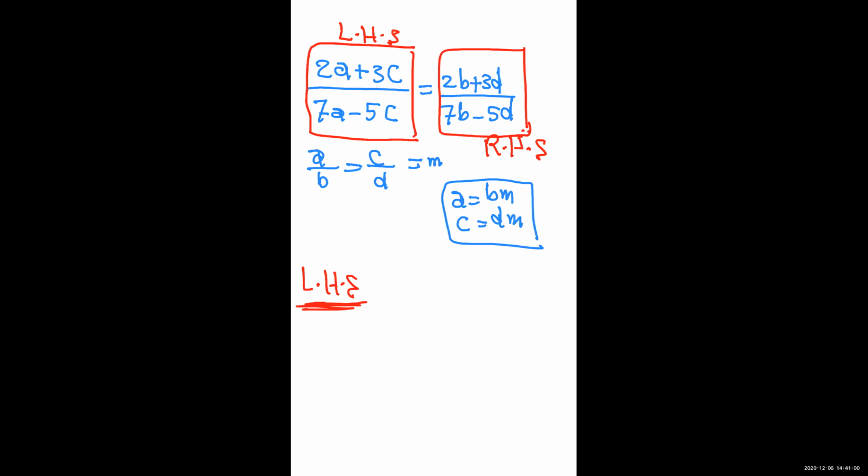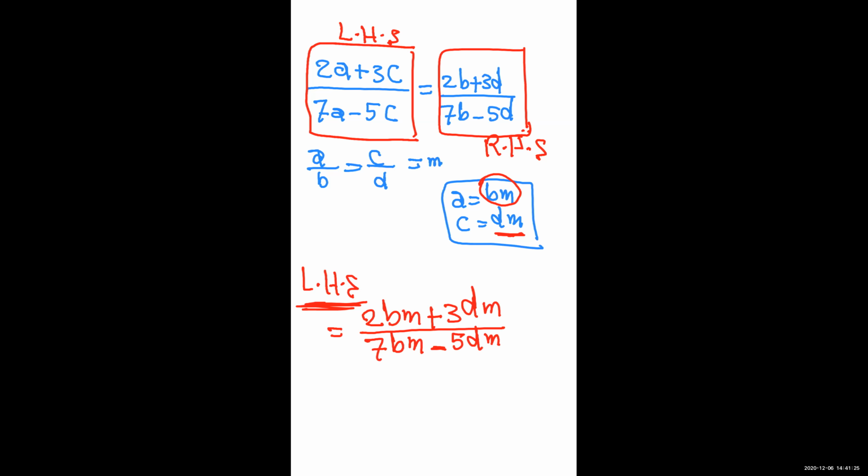Okay, so this term 2A, so 2 times A is BM, so 2BM plus 3C, so 3 and C here is DM also, over 7A, so 7 and A equals BM, minus 5C, which is 5DM.